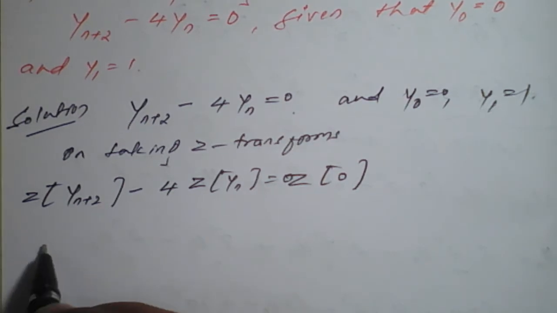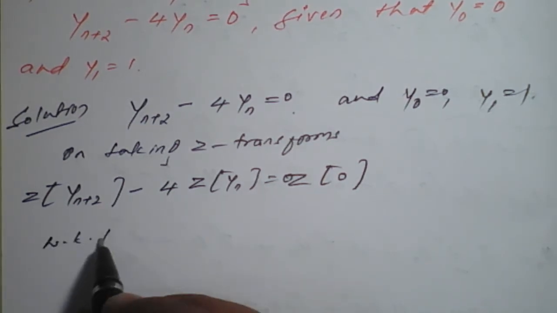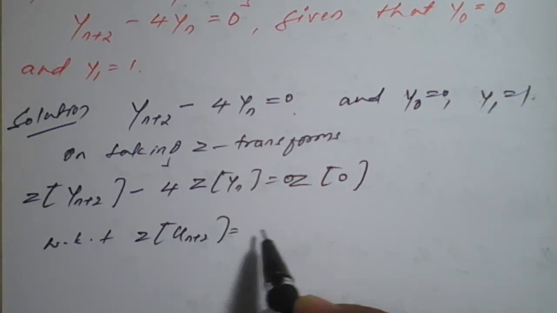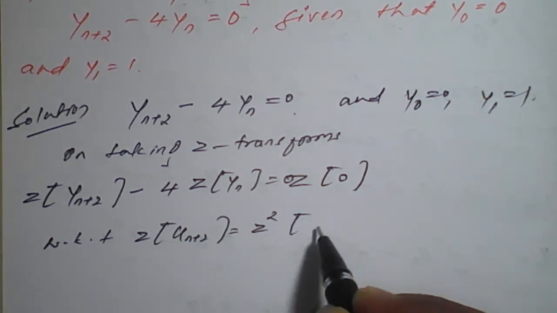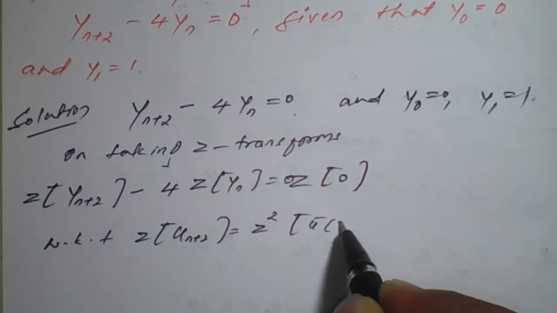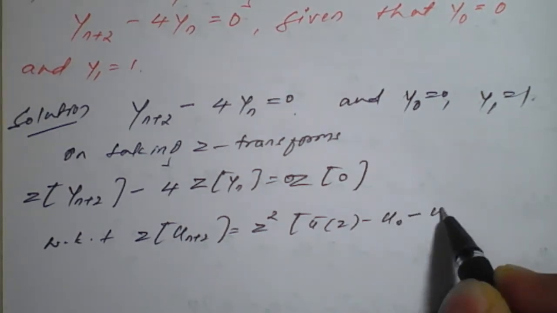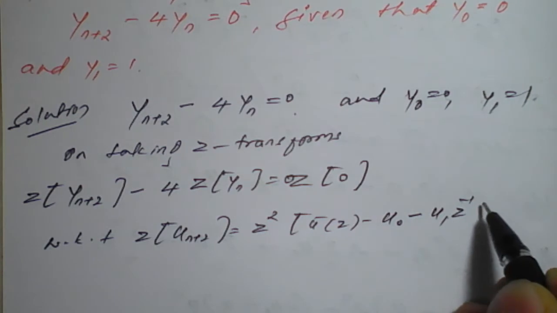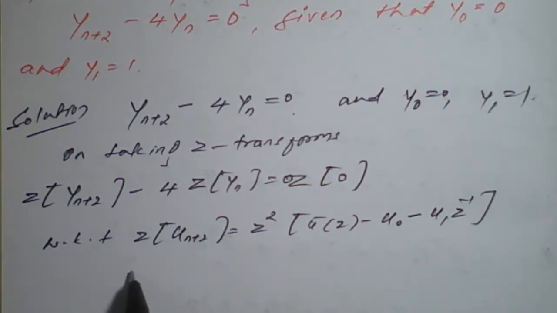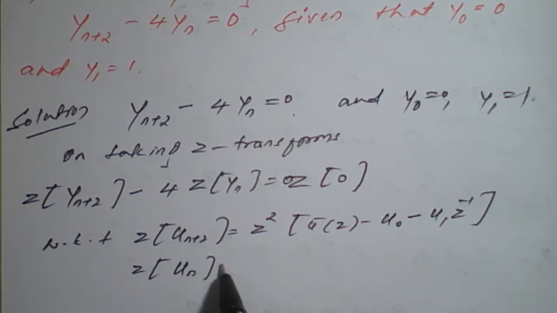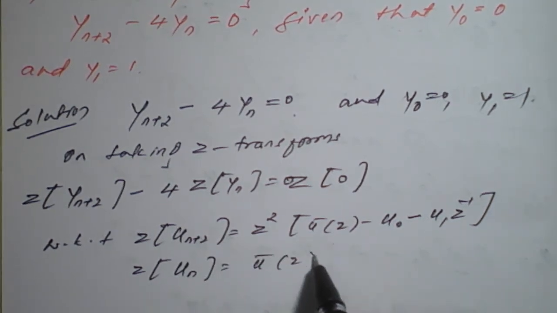So we know that z transform of u of n plus 2 is nothing but z square into u dash of z minus u naught minus u1 into z raised to minus 1, and z transform of u n is nothing but u dash of z.